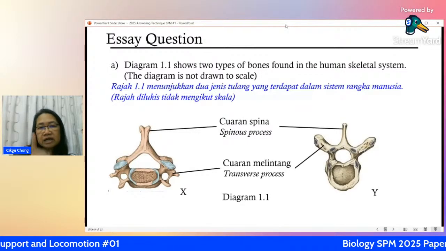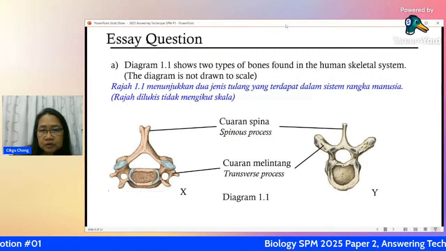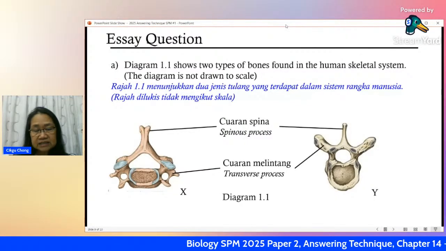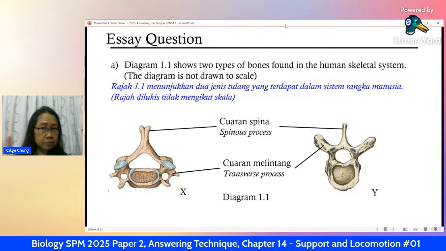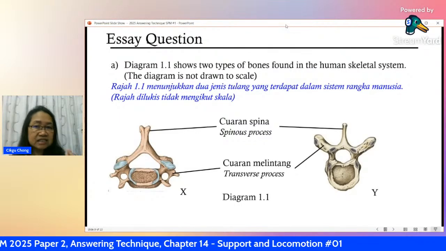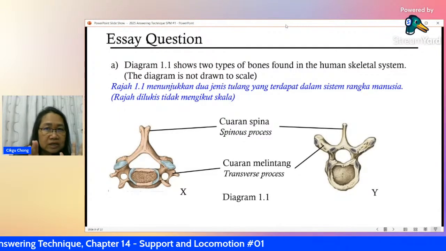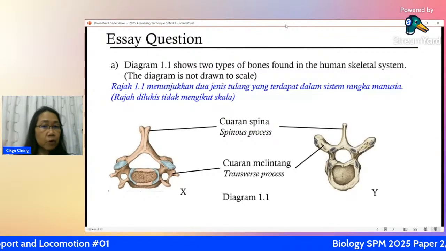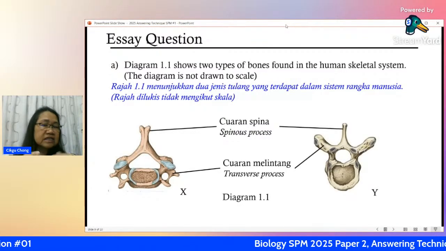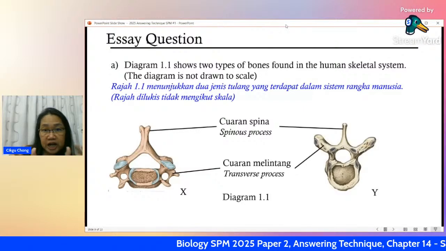All right, now the labels: spinous process, transverse process. These are similar parts of both the bones, but you can see that the size is different. That is where the differences lie. They have both, right? But the difference is in the size, in the shape and so on.